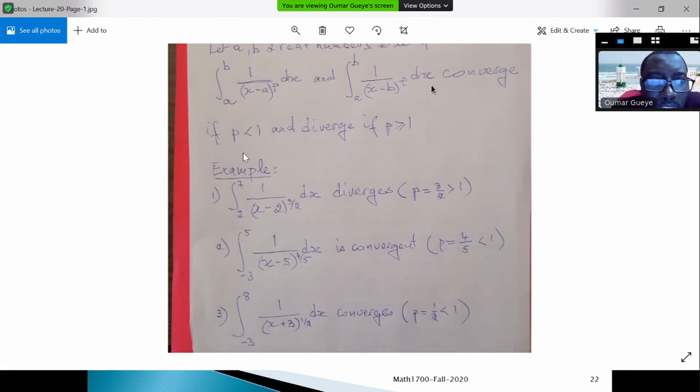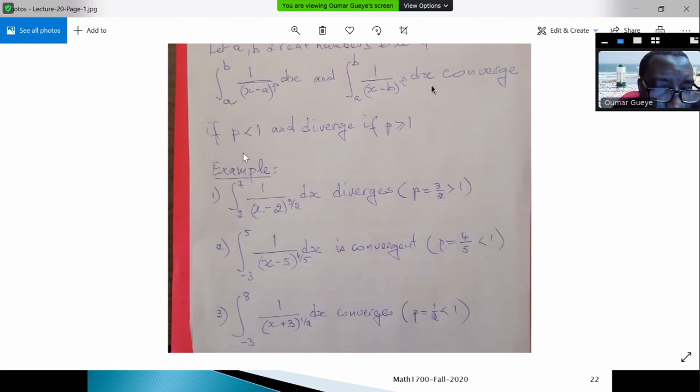Now, before doing an example related to the comparison test, I'm going to give you a couple of improper integrals, and you can tell me whether they are convergent or divergent by using the first or second p-test, depending on the situation. The reason why we need the p-test is that it's going to be our reference integral when we apply the comparison test.